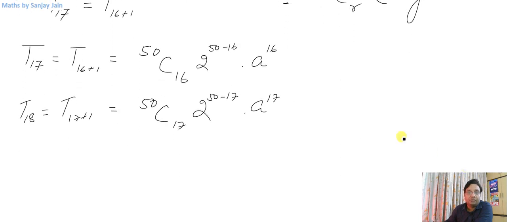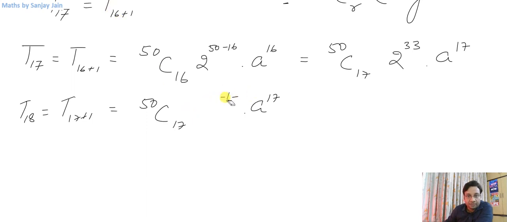So let us put them equal here itself. 50C17, 2 raised to power 50 minus 17 is 33, and a raised to power 17 here. Let us delete the rest of these things, because we have already written it above. So this was the 18th term, right?